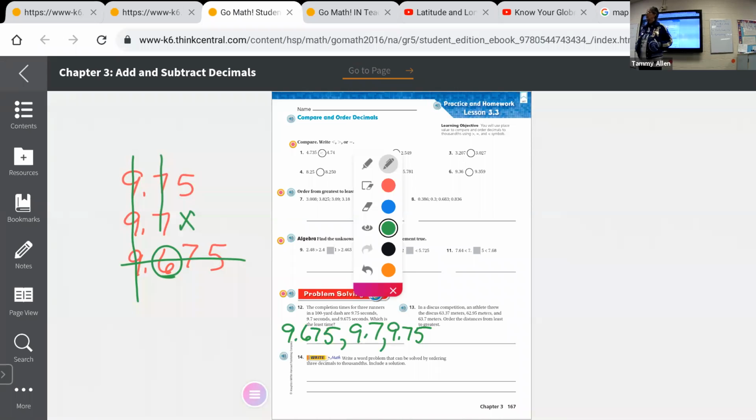Three runners race on a track. Their times were 41 and 65/1000 seconds. Second, 41 and 999/1000 seconds.